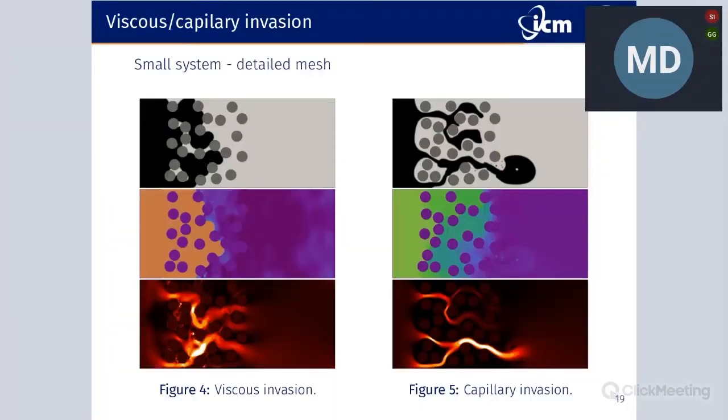You could say that it's probably way easier to make experiments, but it's problematic to extract field information from experiments. For example, the pressure distribution, which is the second row, or the velocity distribution inside the domain.